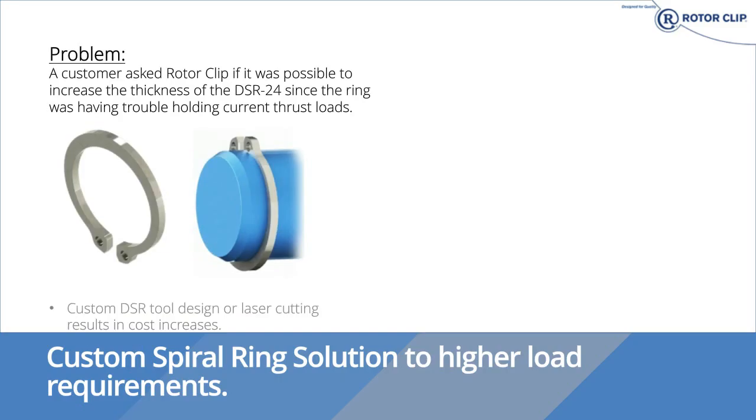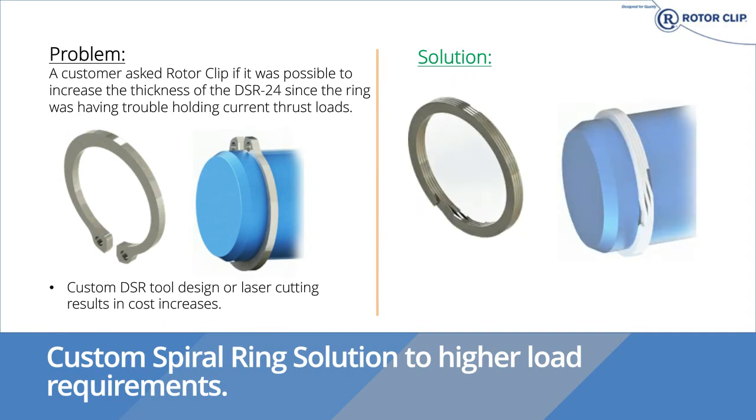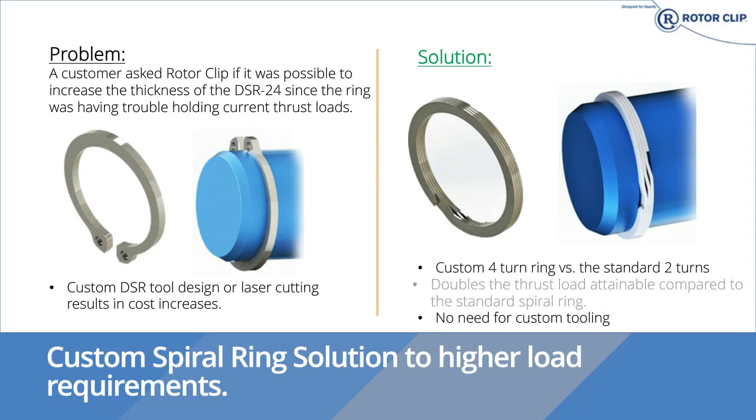One interesting solution we solved for a customer is, what do you do when the reinforced ring still isn't strong enough? The customer was using a DSR 24, that's a DIN 471 standard heavy ring, and they needed a little more thrust load resistance.